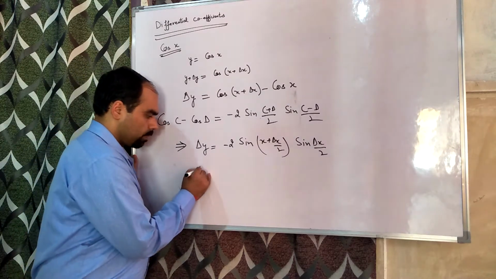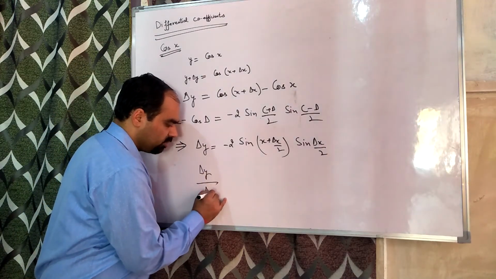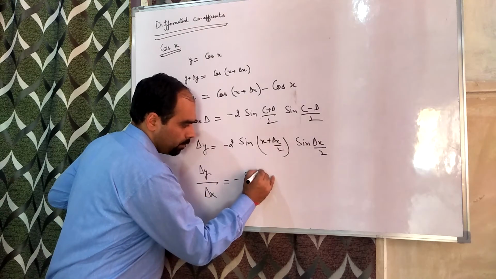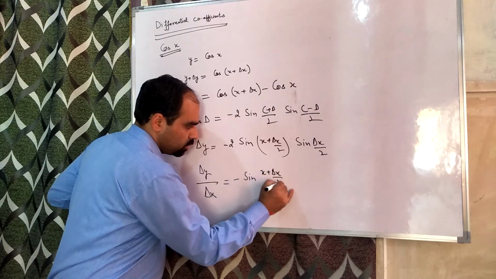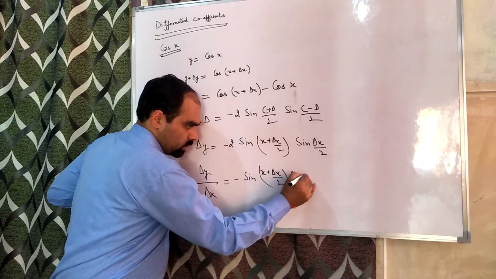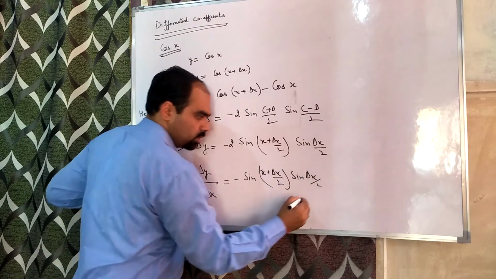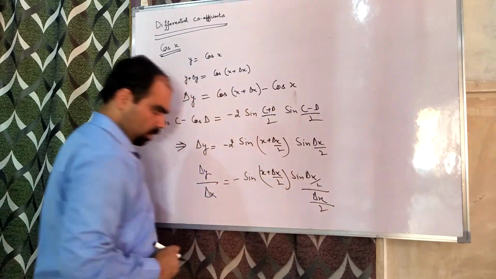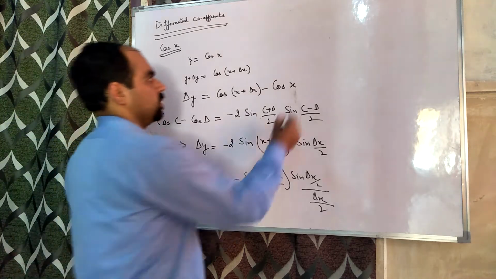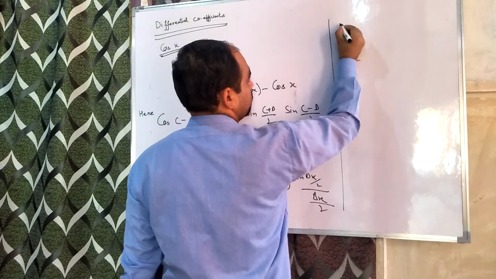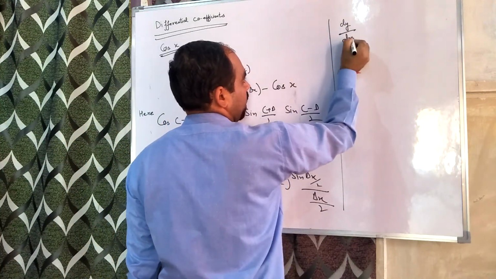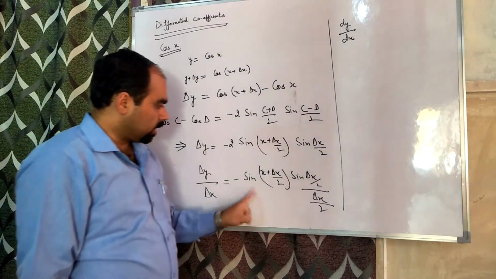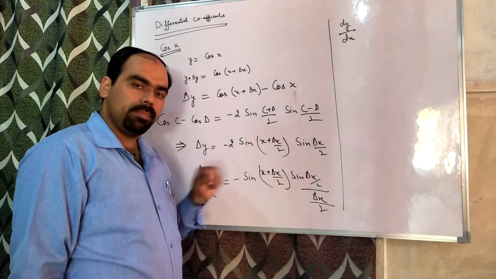Again, next step is delta y by delta x. So this will become, in the similar way, minus 2 sine of (x plus delta x by 2) sine of delta x by 2 argument divided by delta x, and I am substituting this over here. So next one, apply the limits. लिमिट अप्लाई करेंगे तो क्या हो जाएगा? डेल्टा y by delta x would become dy by dx. यहां लिमिट अप्लाई होगी तो डेल्टा x will become 0.